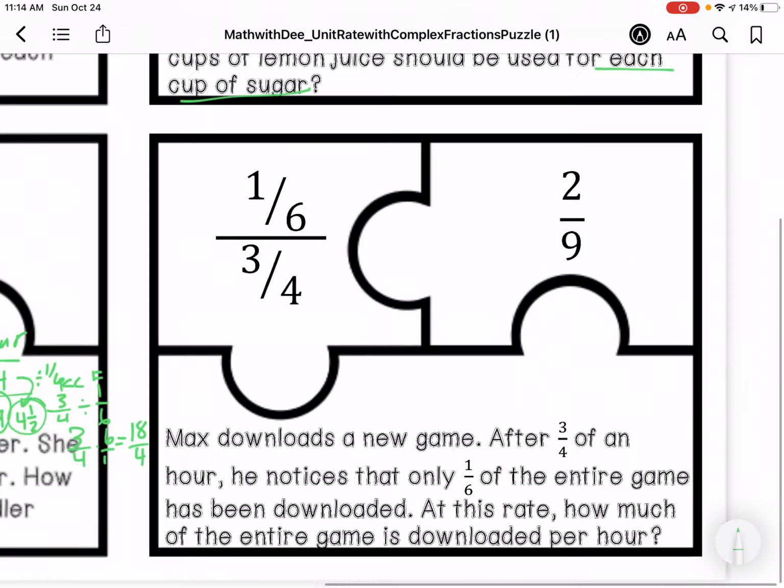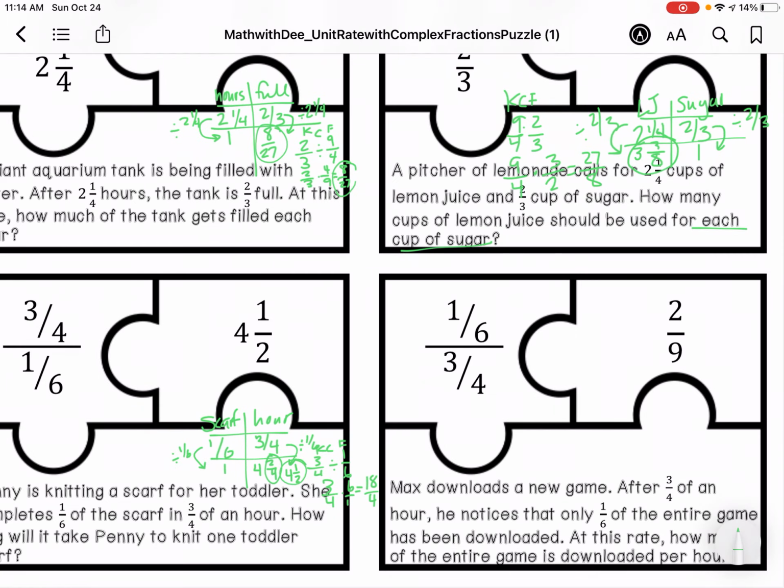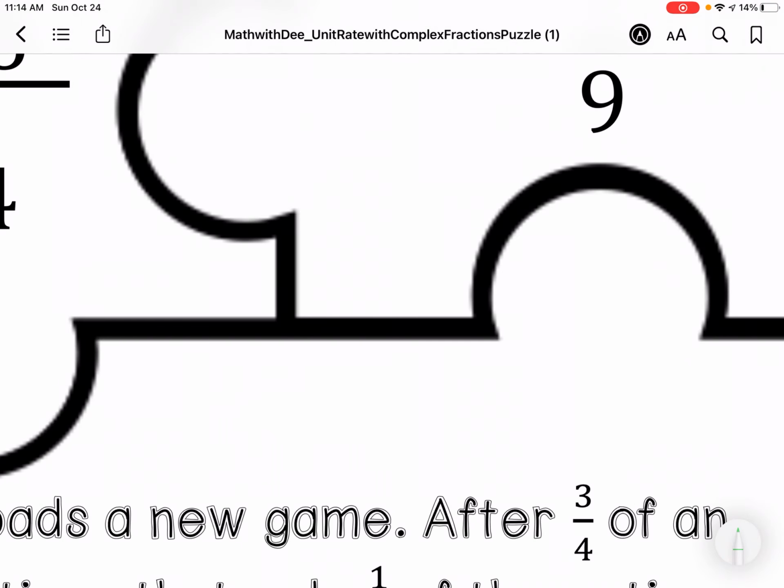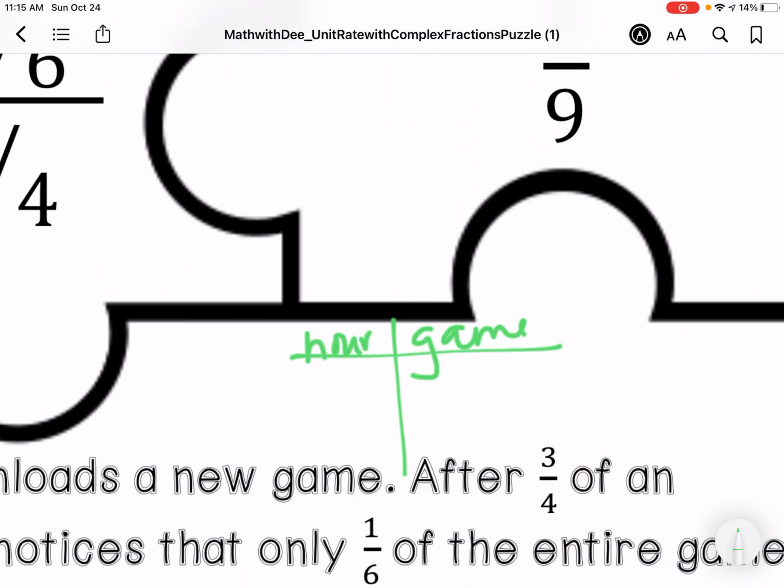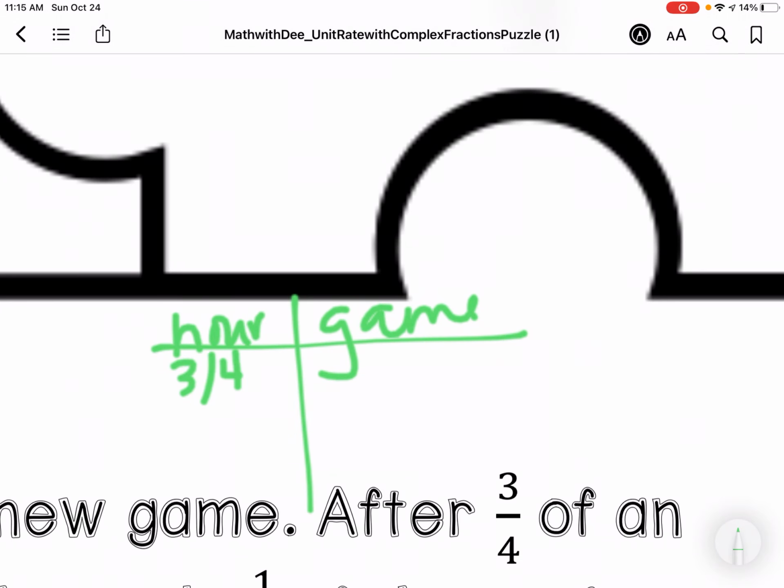All right, and then the last one, Max downloads a new game. After 3/4 of an hour, he noticed only 1/6 of the entire game has been downloaded. At this rate, how much of the entire game is downloaded per hour? So I have hours and game. I know 3/4 and only 1/6 of the game.